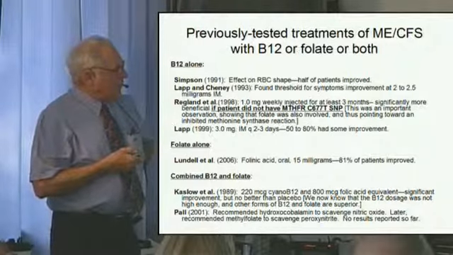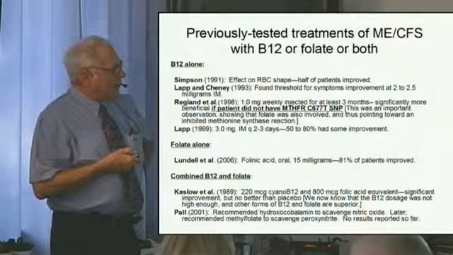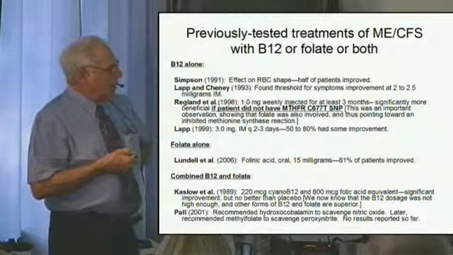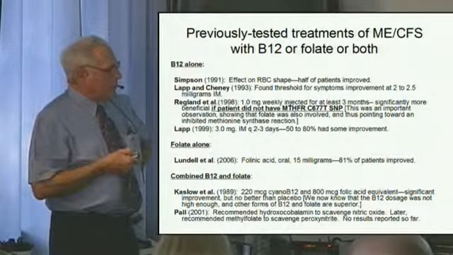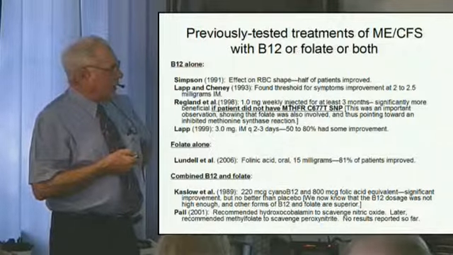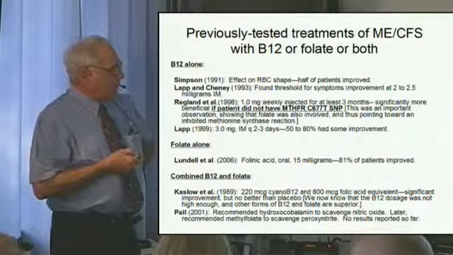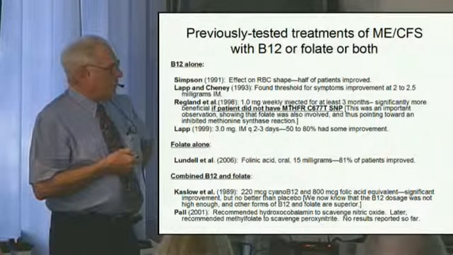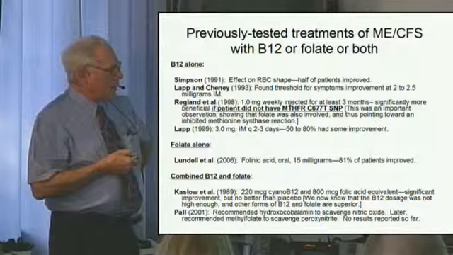Well, then Professor Reglan et al. did a study in '98, and they used 1 milligram, which is lower than Cheney and Lapp, for at least 3 months, and they found that this treatment was significantly more beneficial if the patient did not have this MTHFR SNP.